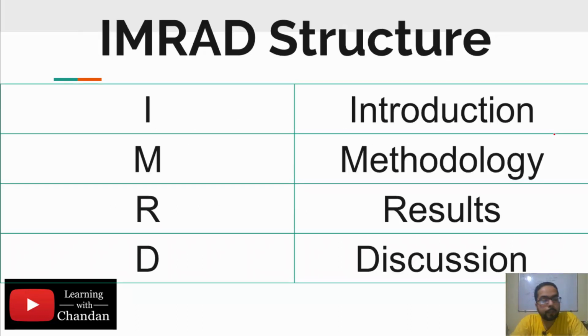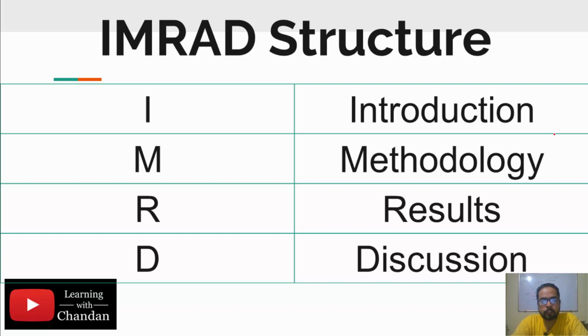Every research paper has this IMRAD structure, which stands for I for introduction, M for methodology, R for results, and D for discussion. I am not talking about review papers, I am only talking about research papers.